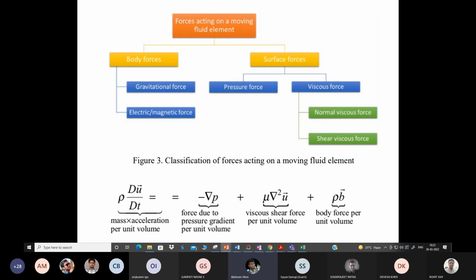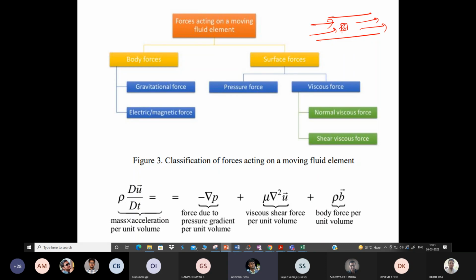So this part I also showed in the last class, and you see that this is showing the forces acting on a moving fluid element. If there is any flow taking place in a channel, and if you consider any particular volume element here, what are the forces acting on this fluid element?